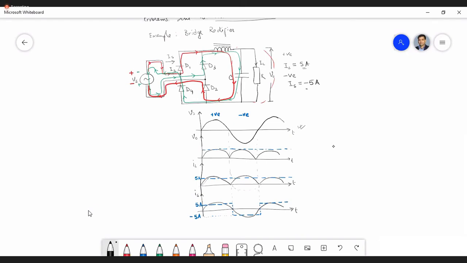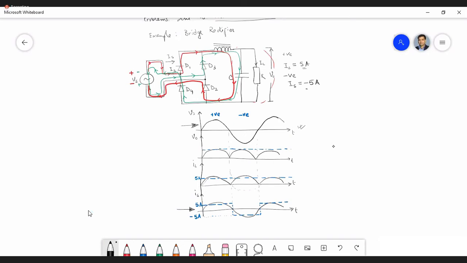In this way you have to say what type of waveform we should get for the source current. It is not that, just because the supply voltage waveform is sinusoidal, we will always get a sinusoidal current.